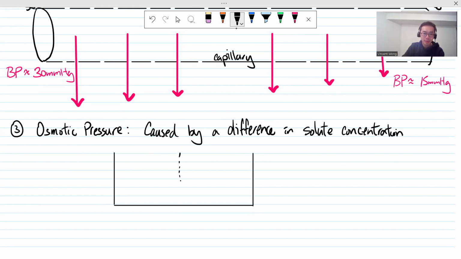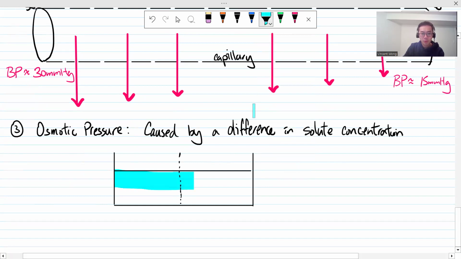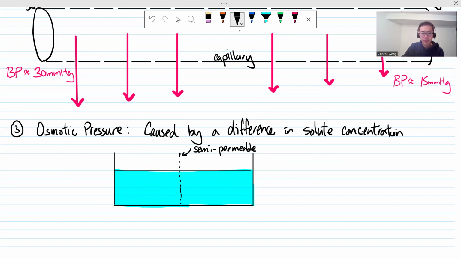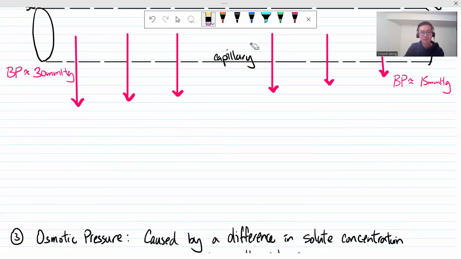Let's say there is a membrane here, okay? And then I'm just gonna fill it up with some water. There we go. Semi-permeable membrane. Oh, hold on a second. Sorry, I forgot to tell you to leave some space. Okay, we need some space there.